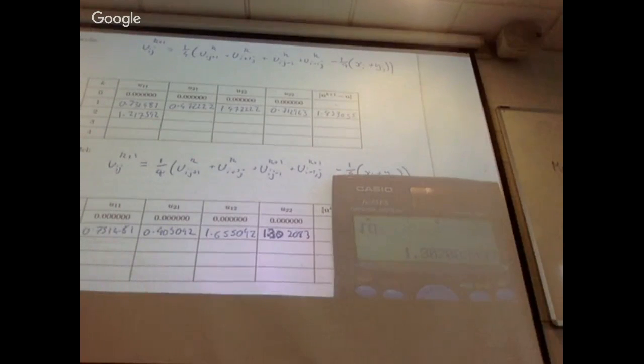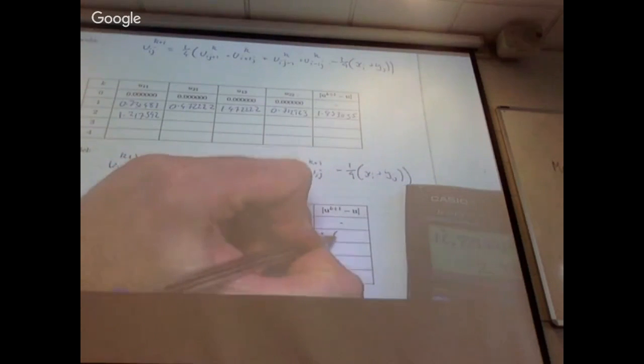So I've got 0.731481, which is minus 0 so I don't have to do that, squared, plus 0.405092 squared, plus 1.655092 squared, plus 1.302083 squared, that's 3.65.